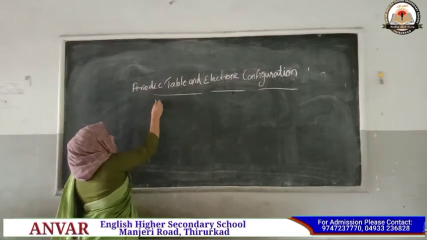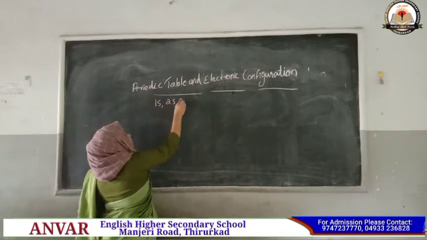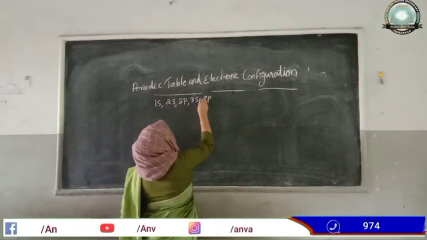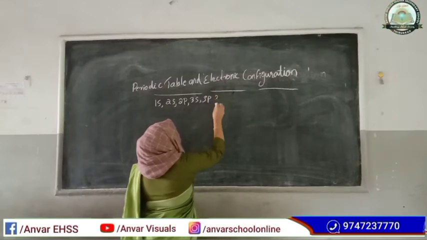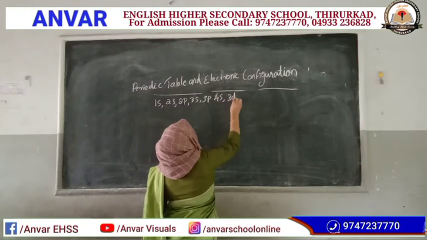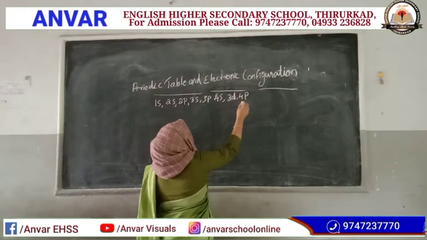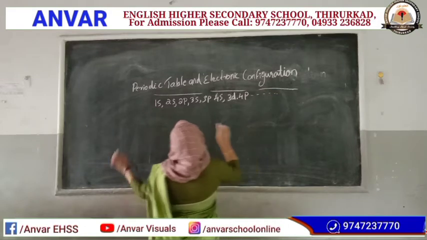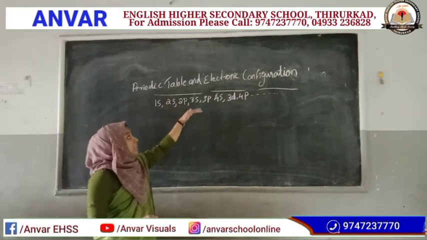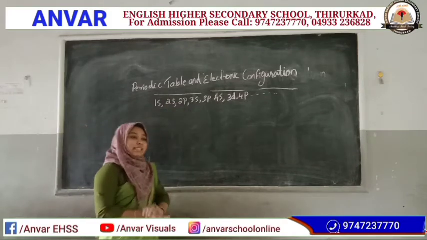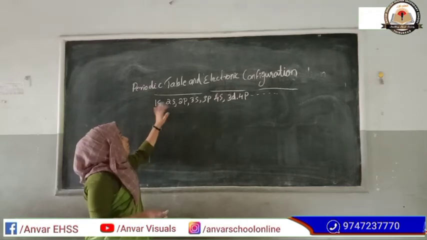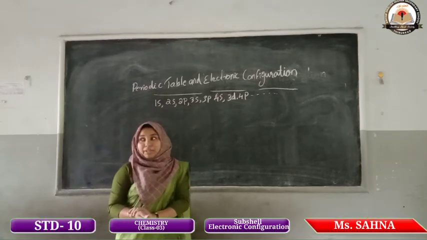Write 1s, 2s, 2p, 3s, 3p, 4s, then 3d, 4p, etc. This is the increasing order of subshells, arranged in increasing order of their energy. First, which is the lowest energy subshell? 1s. This is the arrangement.